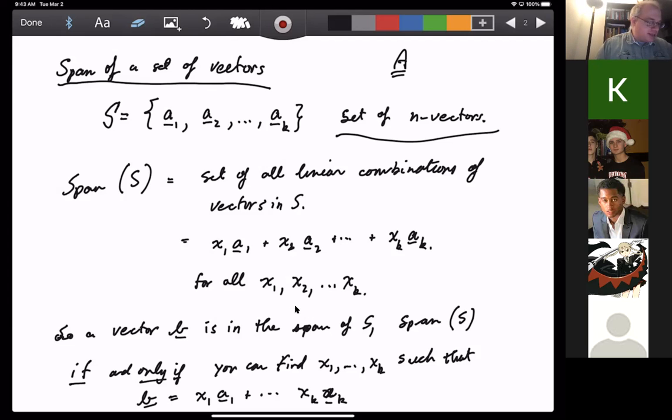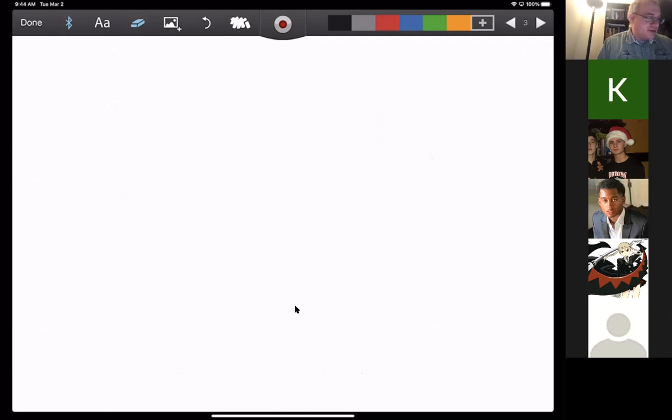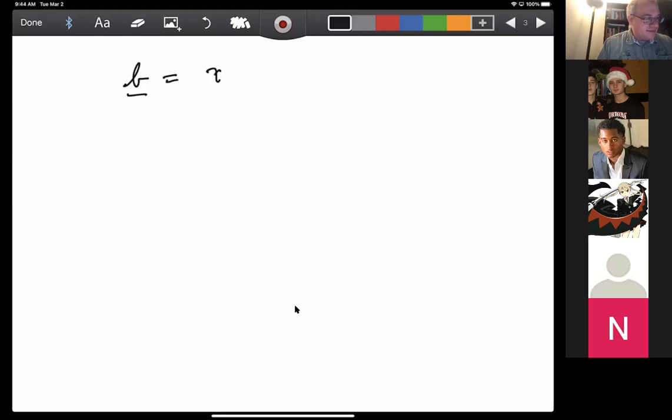Okay, so how far down can you see? Can you see to here? I can't see past such that. Past what I just drew? I can see if and only if you can find xk such that, and then it stops. Okay, can anyone see the last line of this page? All right, so let me just go to the next page then. Okay, that was the last line. Thank you.